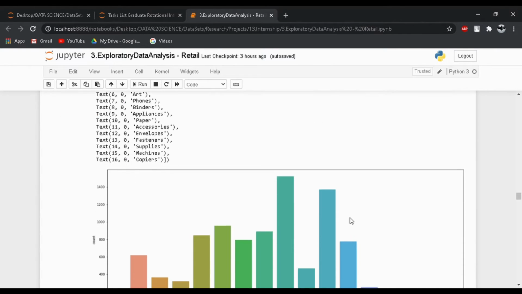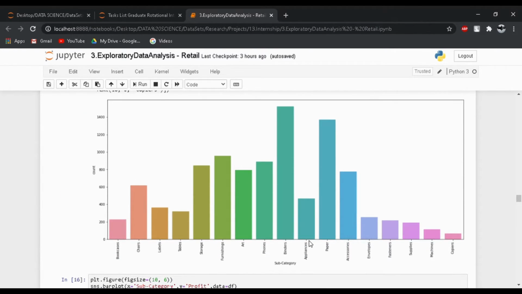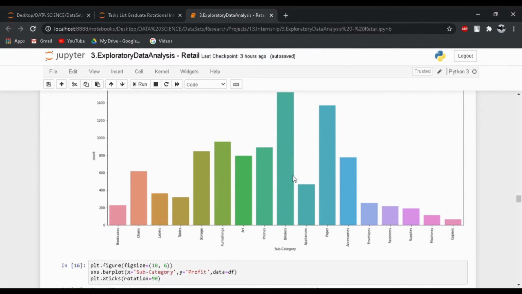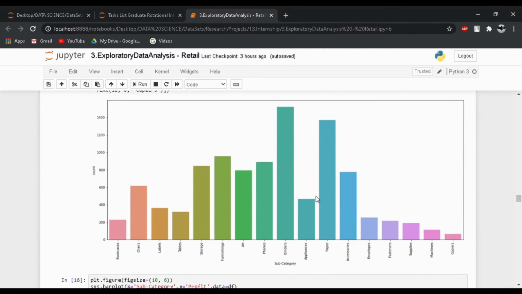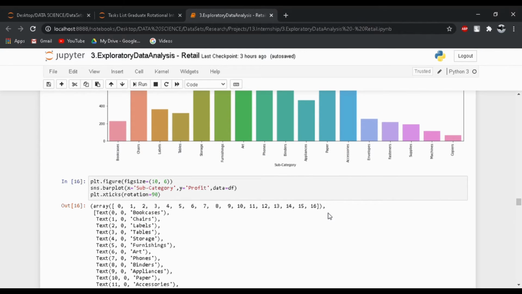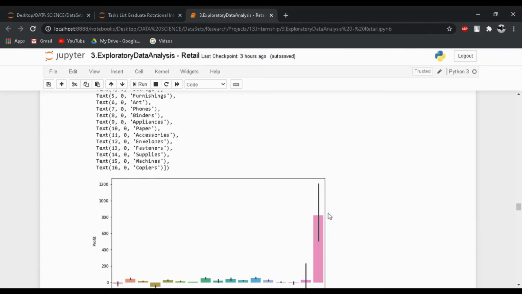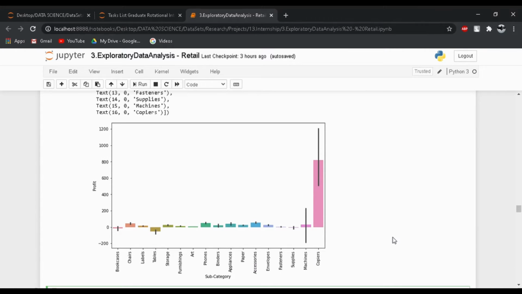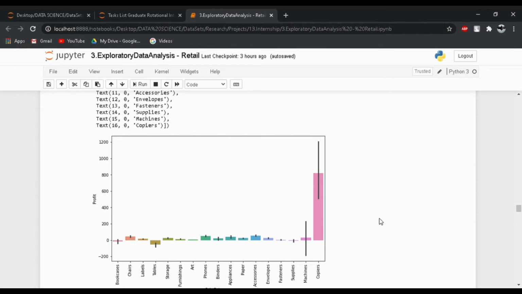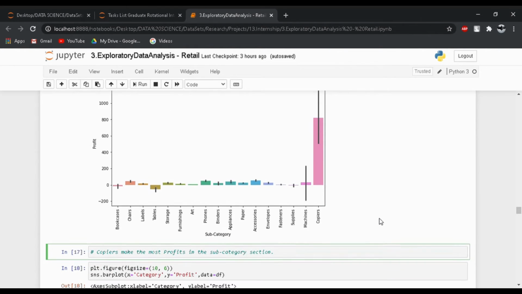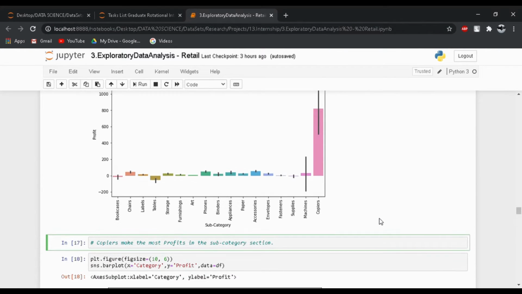And I've used subcategory, and over here you can see that binders has the highest count, followed by paper and so on. If I was to compare subcategory with profits, I've taken subcategory on the x-axis and profits on the y. As you can see, copiers earn more profits compared to any other subcategories.